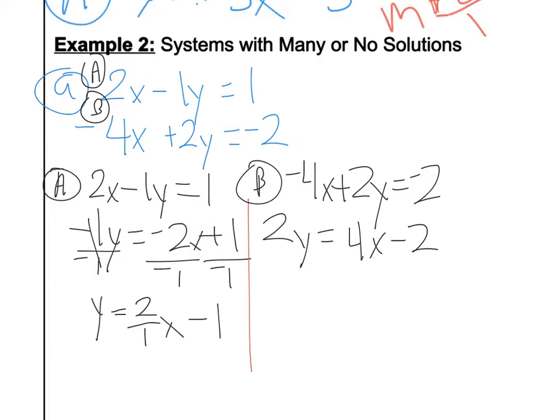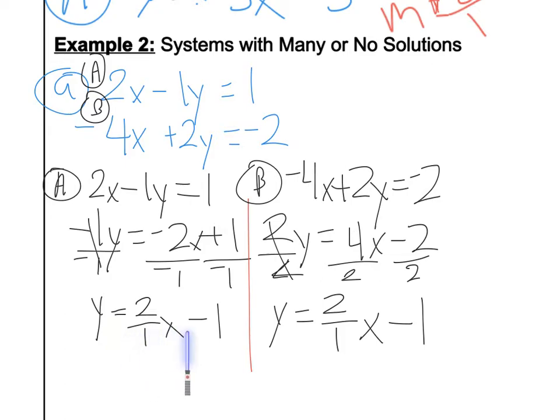Divide by 2. Again, we'll show that step. So we got y equals 4 over 2 reduces to 2, or 2 over 1, x. Negative 2 over positive 2 is going to be a negative 1. We got technical difficulty.